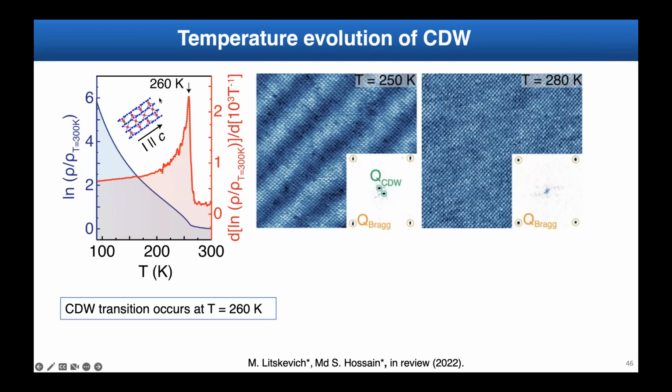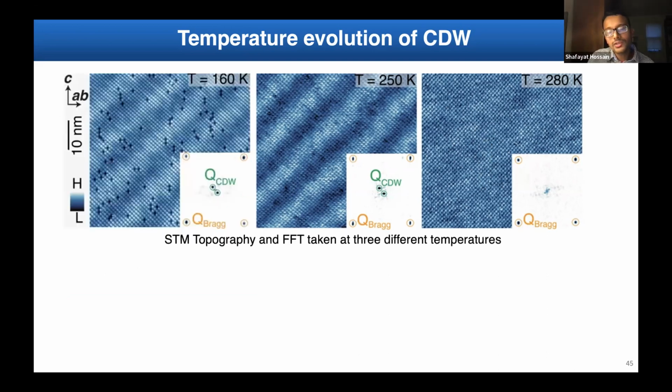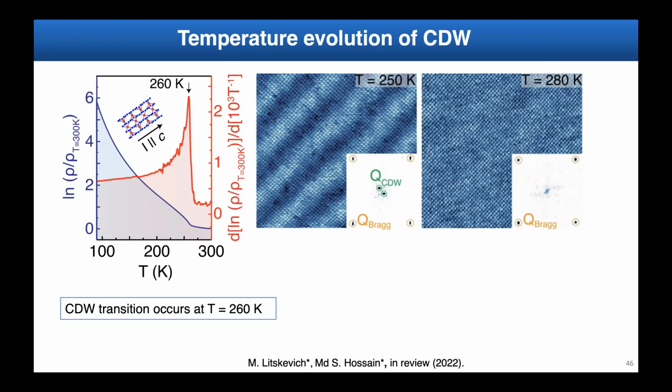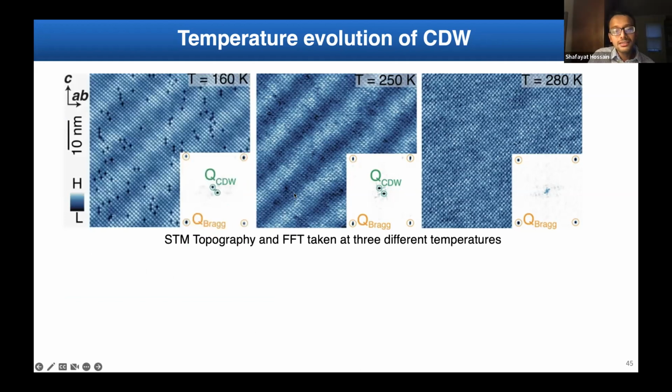Can I ask a question here? Are these images taken at the same area, or is it different? It seems that those point defects... It's a different area. You're right. Okay. But how come those point defects are more obvious at lower temperature compared with higher? There are still point defects, but I would say the resolution or the fidelity of the picture is lower at higher temperature, because it just becomes much harder to take atomically resolved data at much higher temperatures.